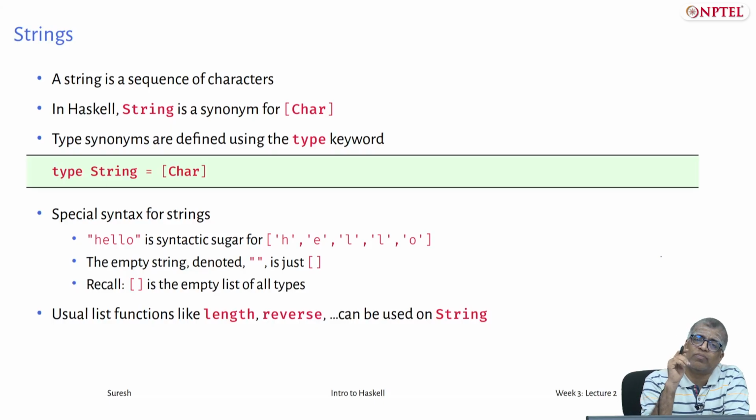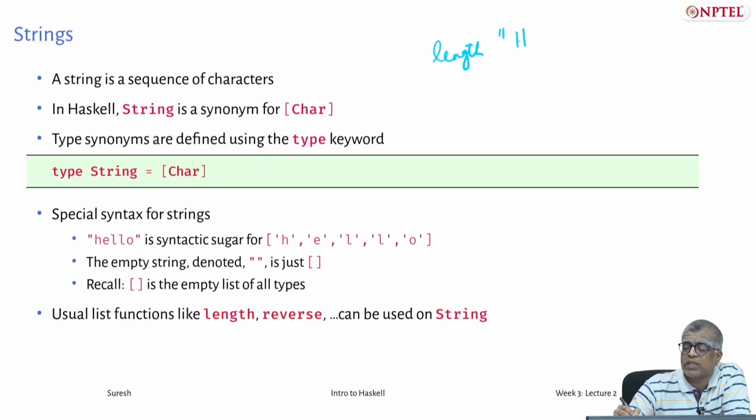The very nice advantage of treating strings as lists of characters is that all the list functions that we have seen so far just work. So I can take length and ask length of, I don't know, "Haskell". I'll get 7. I can take 3 of "Haskell".